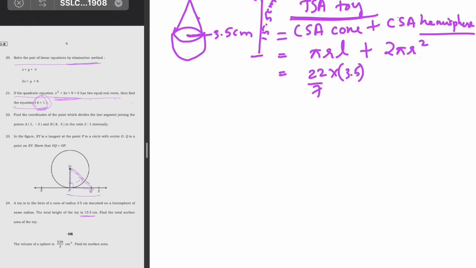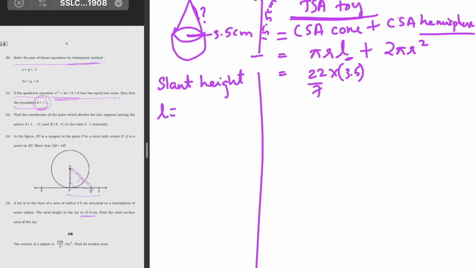Do we know the value of L, that is the slant height of the cone? No, we don't know the slant height of the cone, for which we have a formula. Slant height L is equal to root of r square plus h square. What is r? It is nothing but the radius, 3.5 square.